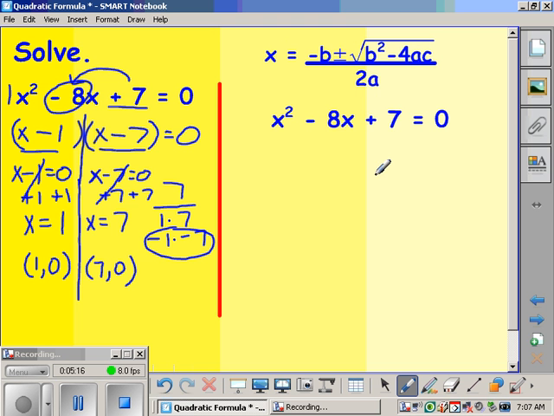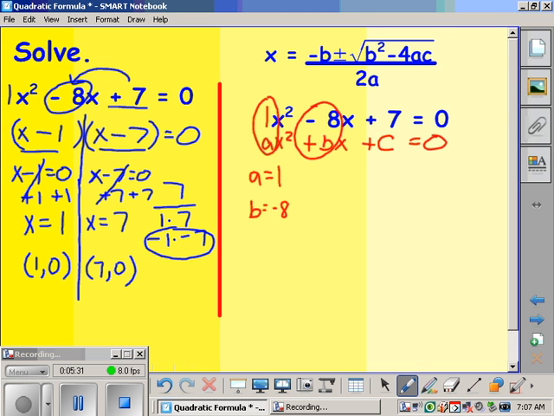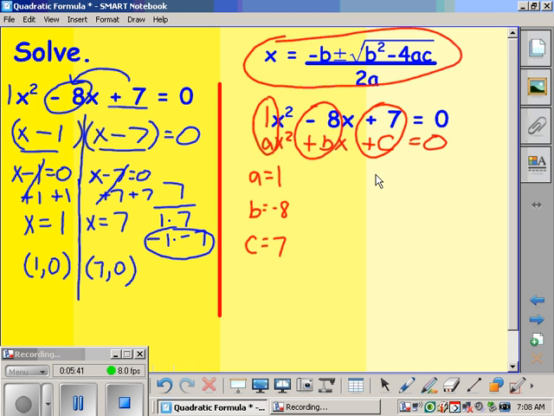So we're going to keep that in front of us. The first thing we need to do is identify the A, the B, and the C. So A is 1, B is -8, and C is +7. Once you identify those, you can plug them into the formula. So if you look up at the formula above, we're going to have x equals, we're going to drop down the negative sign in front of the b, and then we're going to bring our b, which is -8, next to the negative sign.